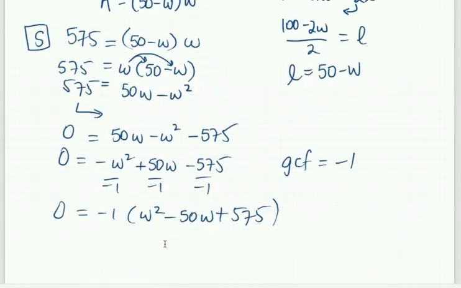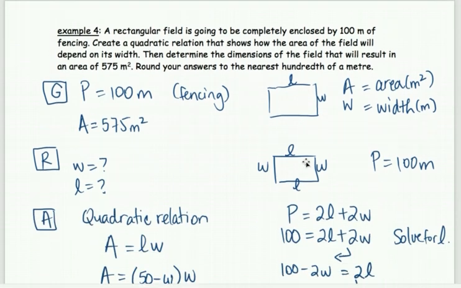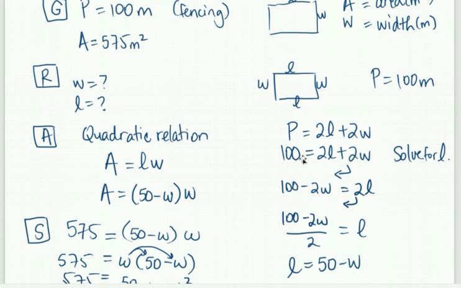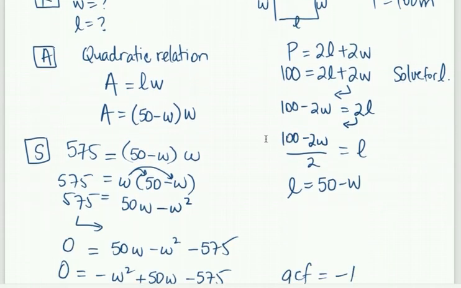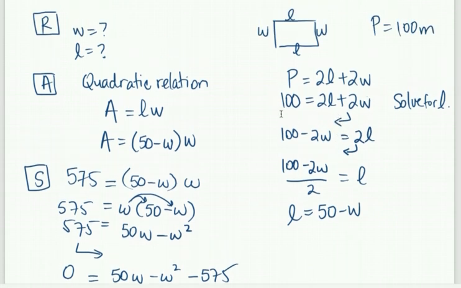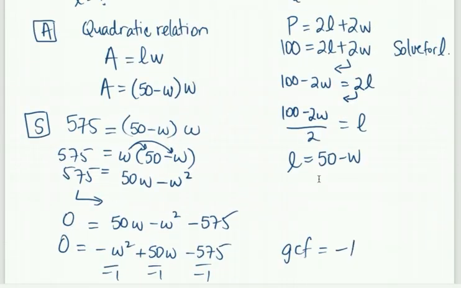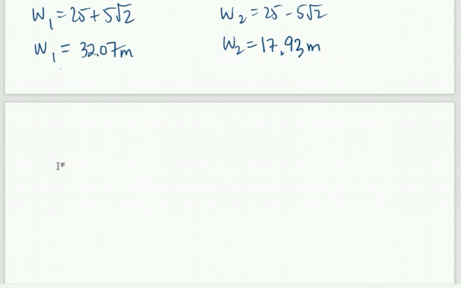Our original question was to determine the dimensions of the field that would result in an area of 575 meters squared, but also a perimeter of 100 meters. So in order to do that, we can plug it back into this formula to find the length.